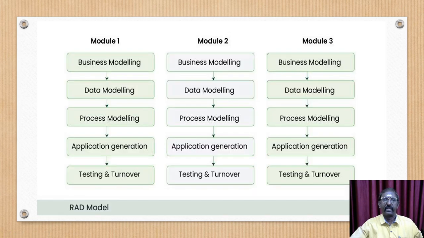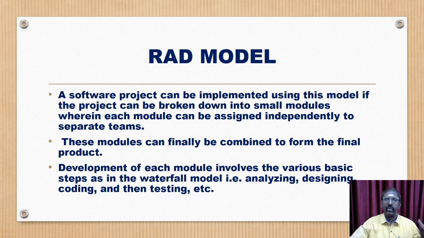The next model is the rapid application development model, in which modules are separated into submodules, or n number of modules are done: business modeling, data modeling, process modeling, application generation, testing, and turnover. And this can improve the performance of the developed model.